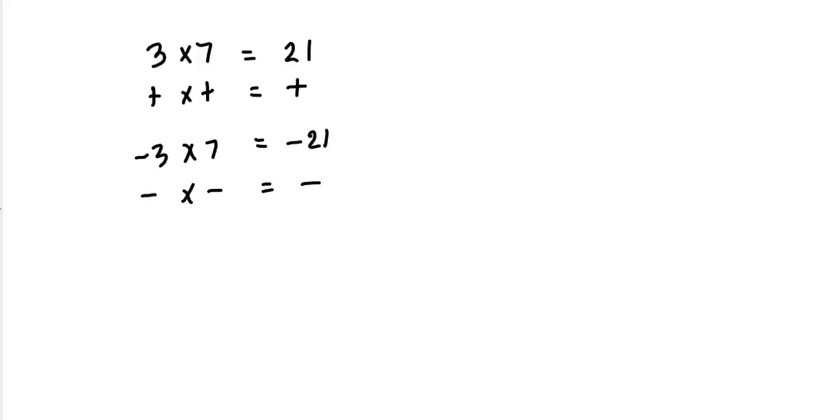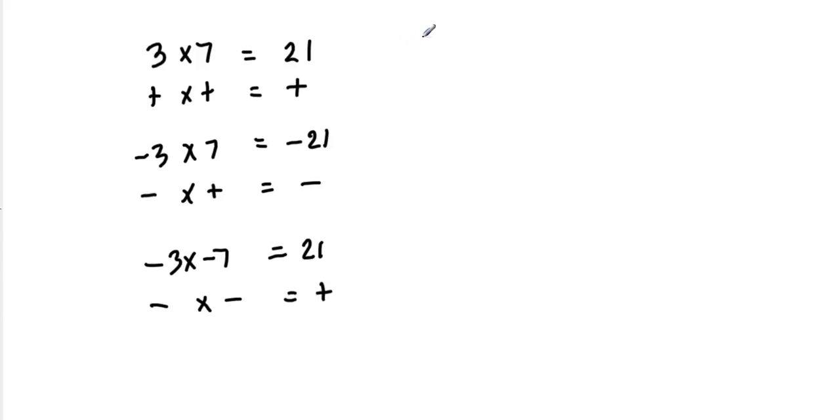The last scenario would be negative 3 times negative 7, and using models, from what we learned, that will be 21. So a negative times a negative will give you a positive, while the other one is a negative times a positive, which gives a negative. So those are the 3 possible scenarios.